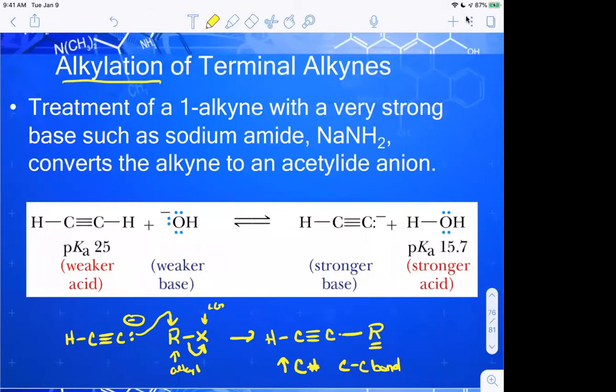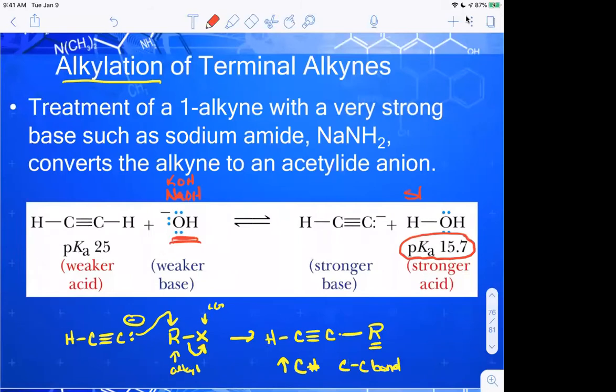But I have to use a really, really strong base. If I look on this slide, what I notice is that if I use sodium hydroxide or potassium hydroxide or anything that has a hydroxide as the base, the pKa of water, which is going to be the conjugate acid of hydroxide, is much lower.